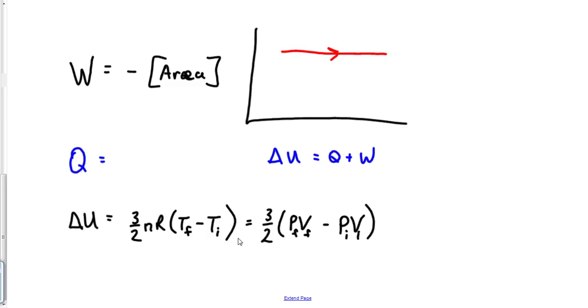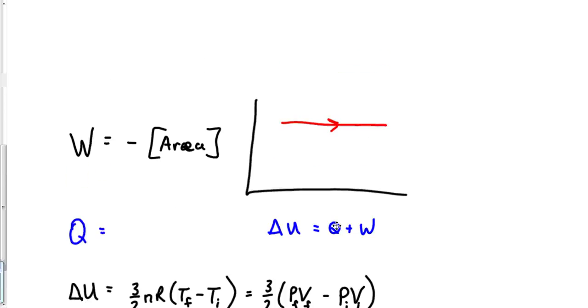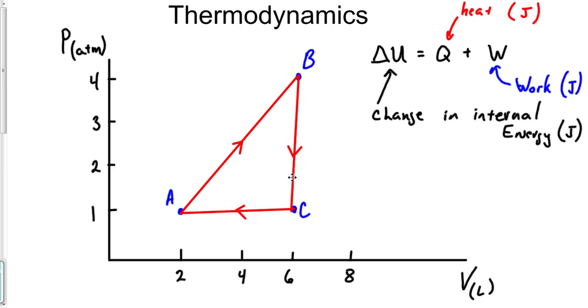We can just take a change in our pressure-volume product, and this is the slickest way of finding delta U that I can give you. This way you don't even need temperature to work these problems. You also don't have to be given moles. You can ignore that. If you're given a graph like the one here, then we're good to go.